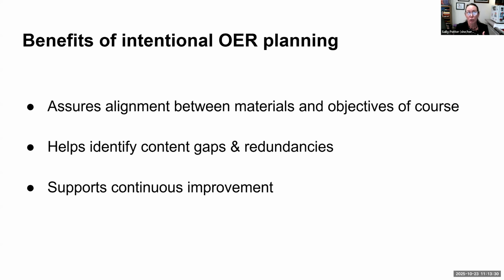And then as you continue to do this process, there might be a topic that you are covering, but you just found this article and it's not the best, but it'll do for now. And then you can make that a priority for, okay, next time I teach this class, I'm going to look for better materials. And so this is the idea of having continuous improvement throughout your course as you're teaching it throughout the semesters. Okay.